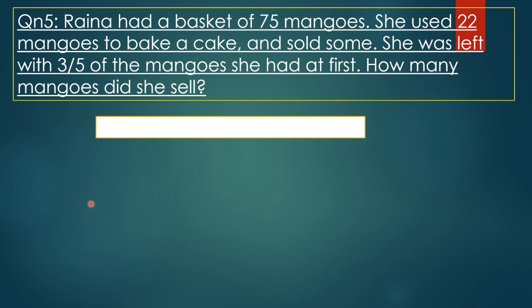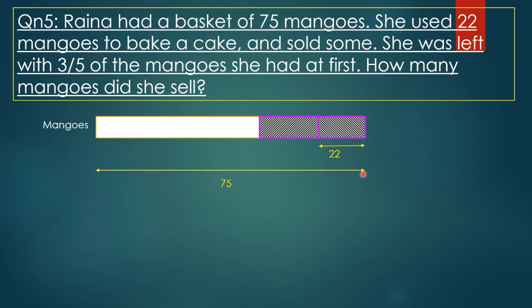So this is the basket of 75 mangoes. She used 22 mangoes to bake a cake. So let's remove 22. This section here can be 22. And she sold some. How many? We don't know now. But we just know that she was left with 3/5 of the mango she had at first.